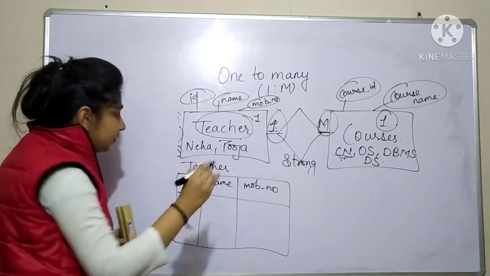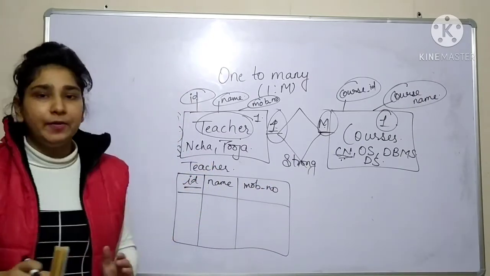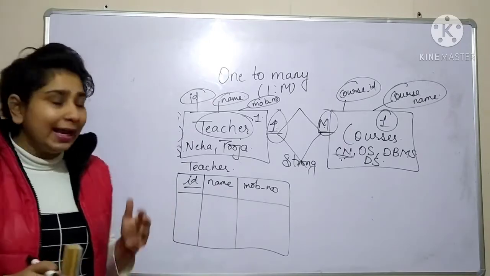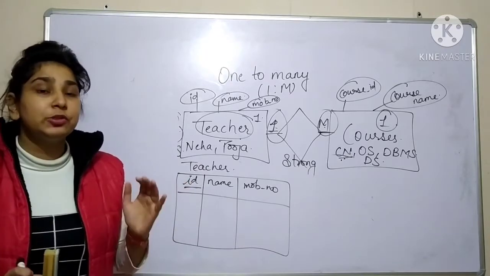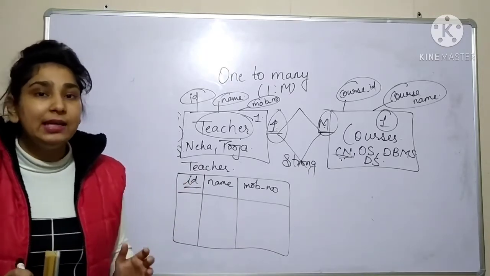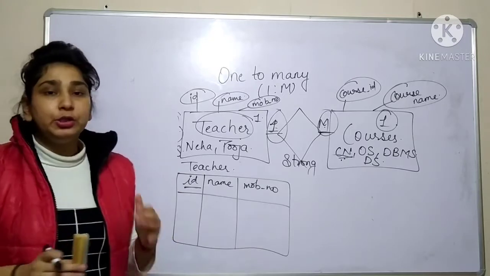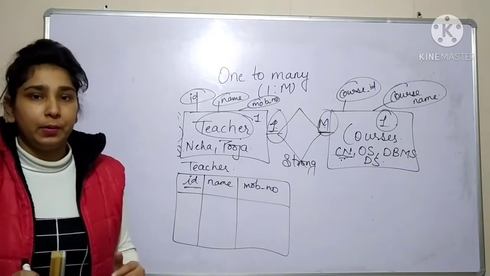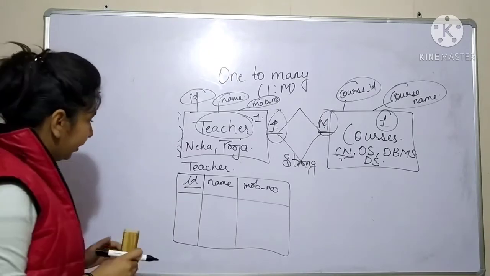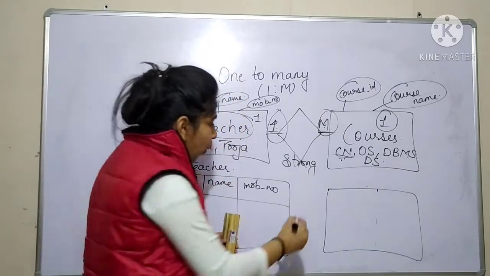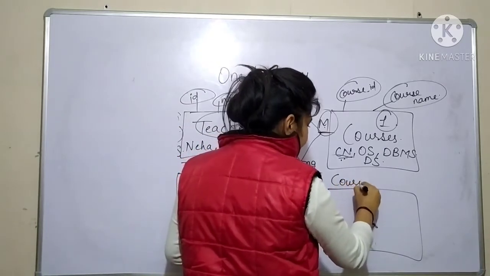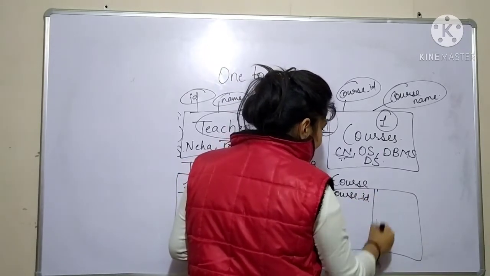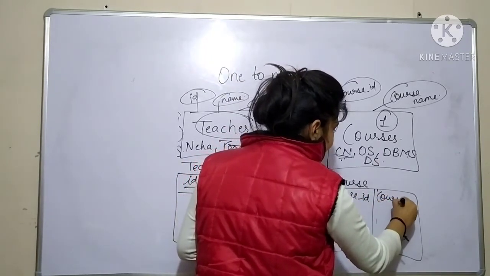This teacher ID is the key attribute for the teacher table. For a strong entity, I already told you that it has its own key attribute, which is going to uniquely identify each and every record of your table. We have the course table, and the attributes are course ID and course name.